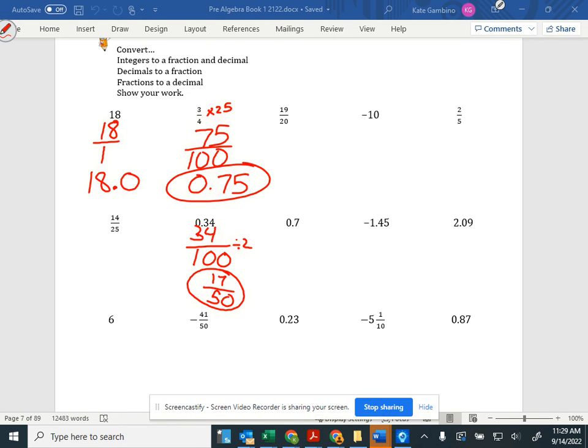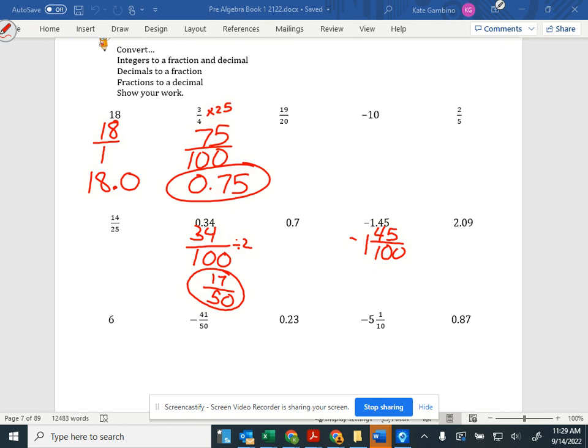Okay, so let's look at 2.09. That's like one you were asking about, Tatum, right? Or which one were you asking about? Negative 1.45. So we would say that that is negative 1 and 45 hundredths.